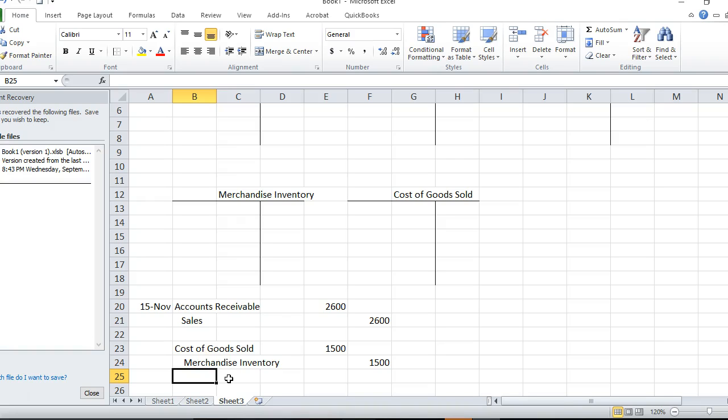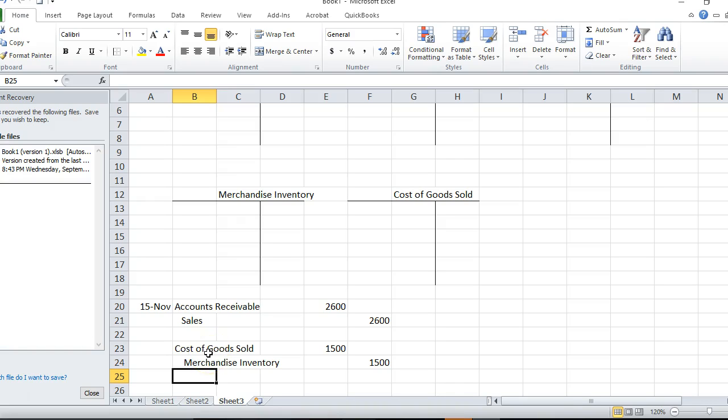They're cost of goods sold. So the second step we have to do is take those goods out of merchandise inventory because they're not there anymore and show them as cost of goods sold. Now we use the price we paid for those goods. We show in sales and accounts receivable what we're going to receive, what we sold them for.